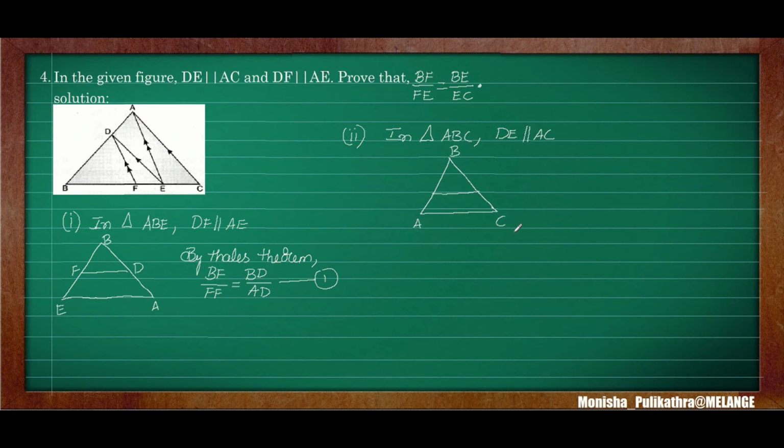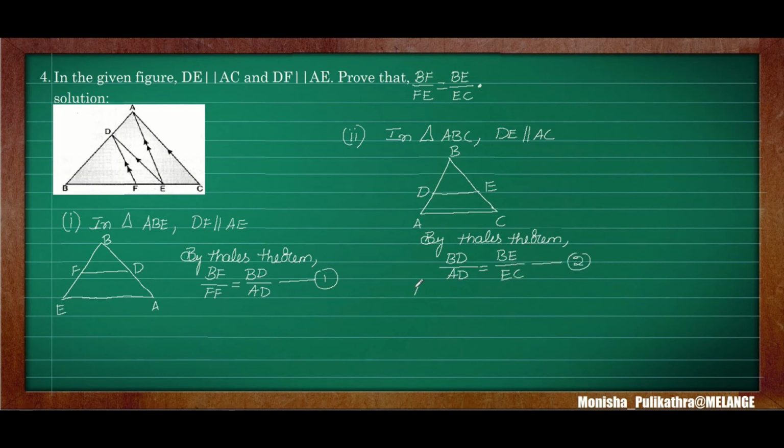In triangle ABC, DE is parallel to AC. Okay. So here again by Thales theorem, BD by DA or AD, anything we can take, BD by AD is equal to BE by EC. So let this be equation number 2.